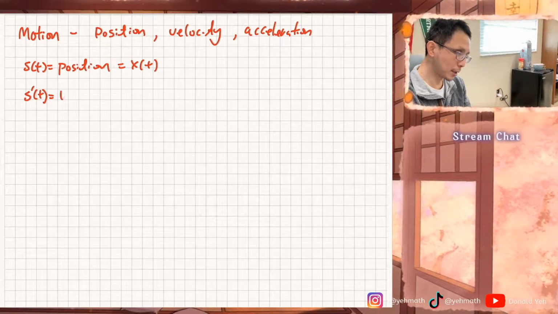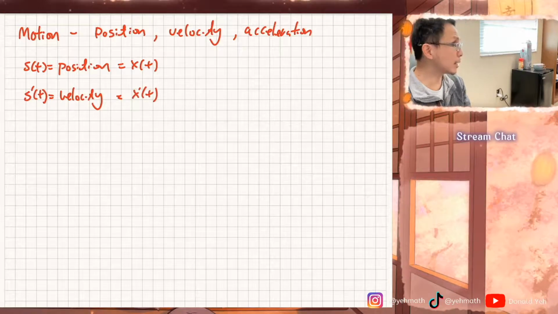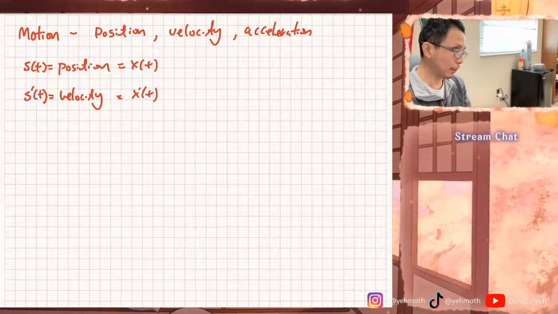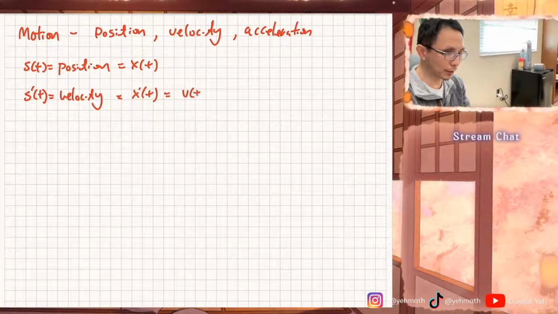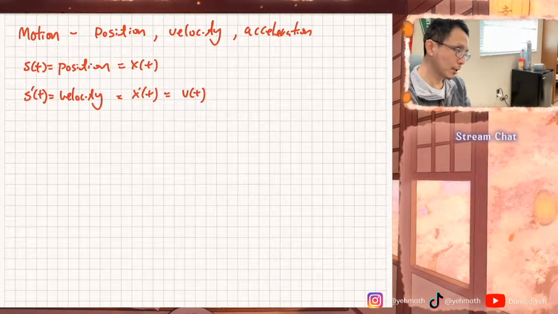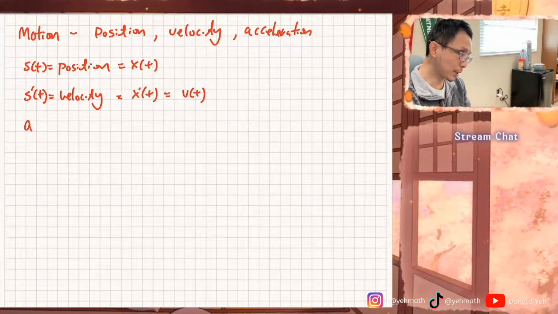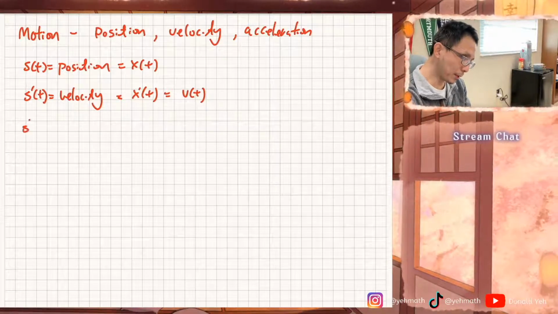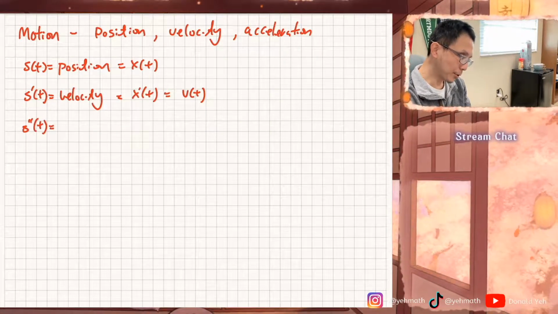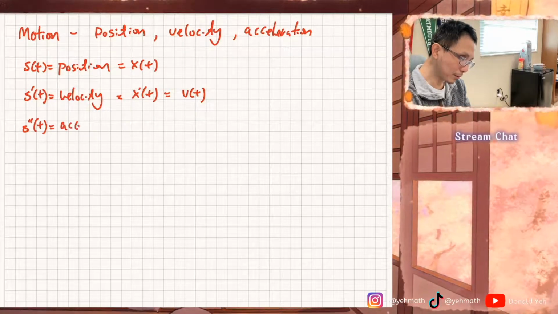Velocity. Good. We learned that in physics. Or x prime of t. Either way is fine because it's just different notation. The new notation is going to be v of t. So there's position, velocity, and acceleration. It's going to be s double prime of t, and that is equal to acceleration.